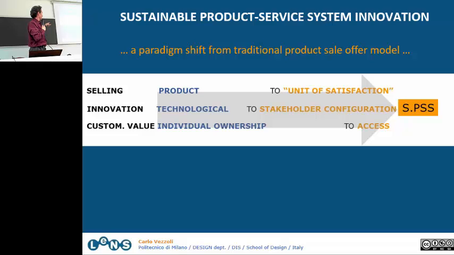The other thing is that, I take the last one, the customer value is not that much in the individual ownership of the product, but in the access. Some time ago, even in an industrialized context, people would say, oh, now I want to have my own car. I cannot dream to have it. Now it's a little bit cheaper.